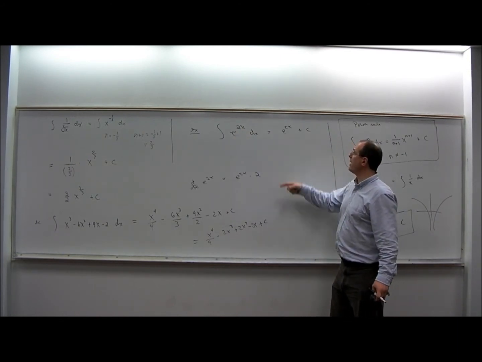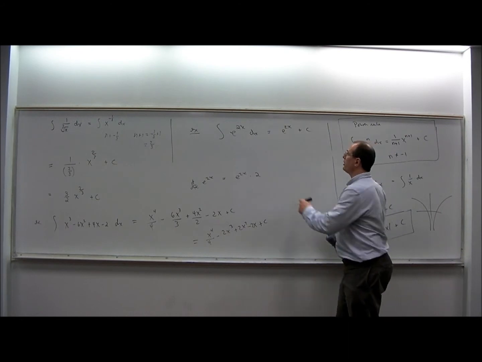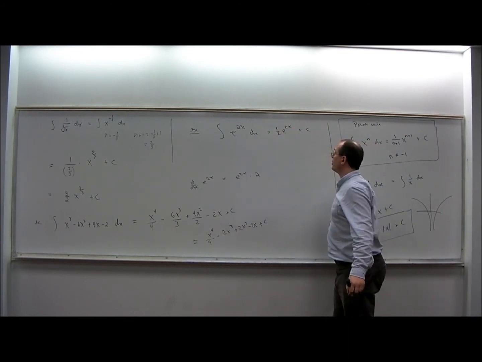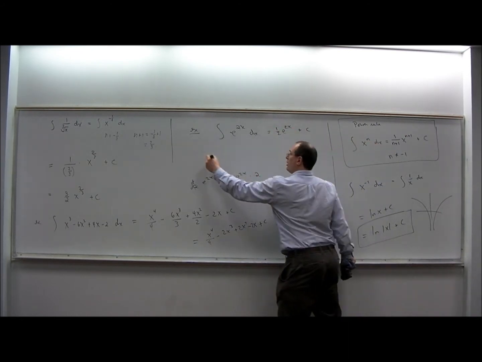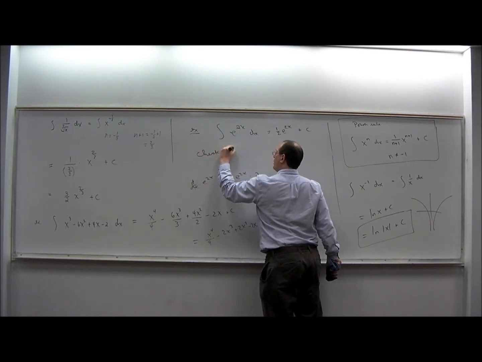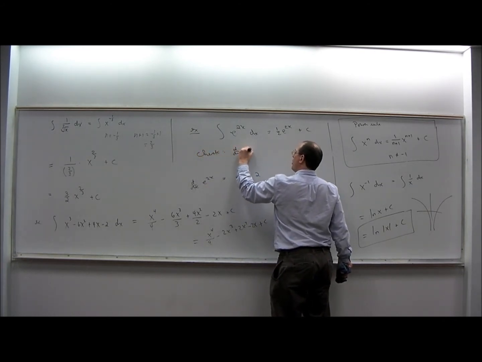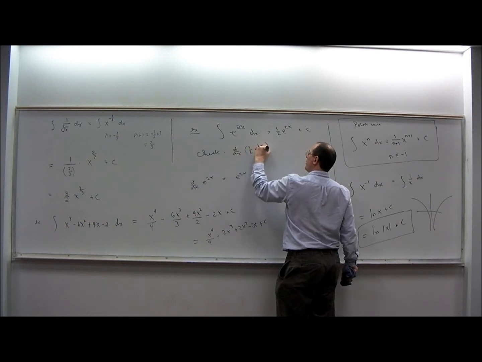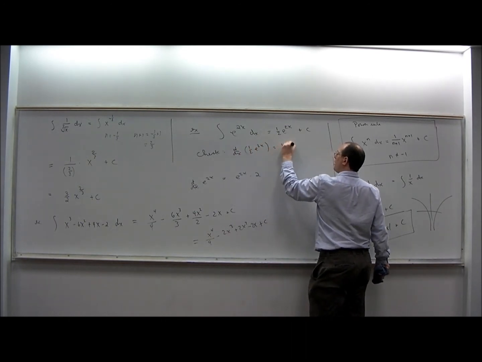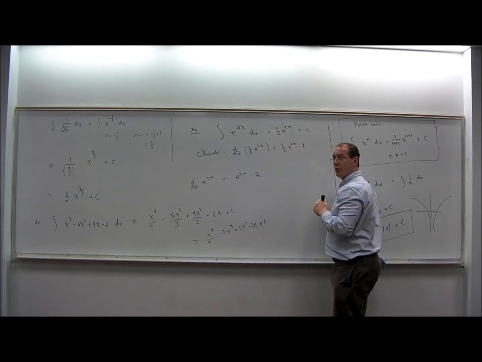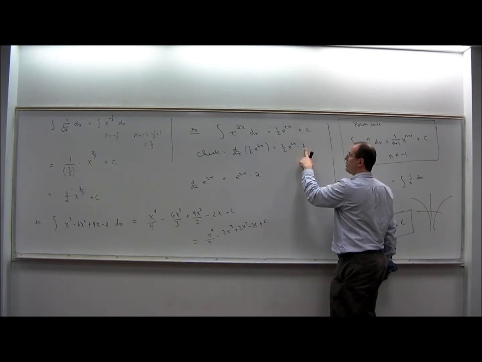So to rectify that, we will take half of this function. If we take half of this function, then now it will work. If we check it, the derivative of 1/2 times e to the 2x is equal to 1/2 times e to the 2x times 2. This times 2 from the chain rule, the derivative of 2x being 2.